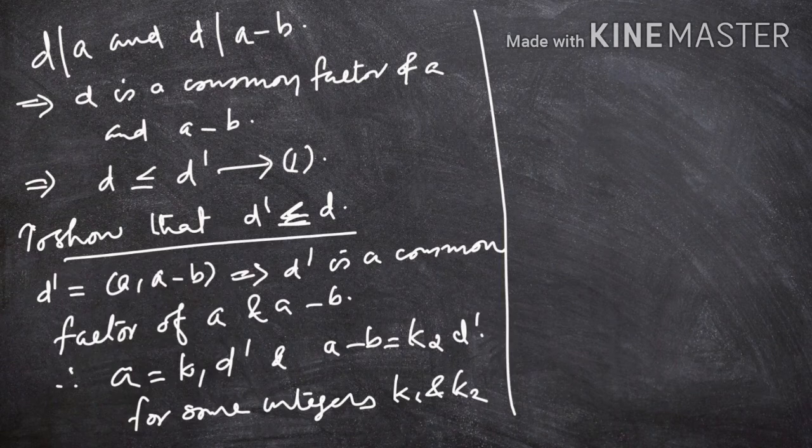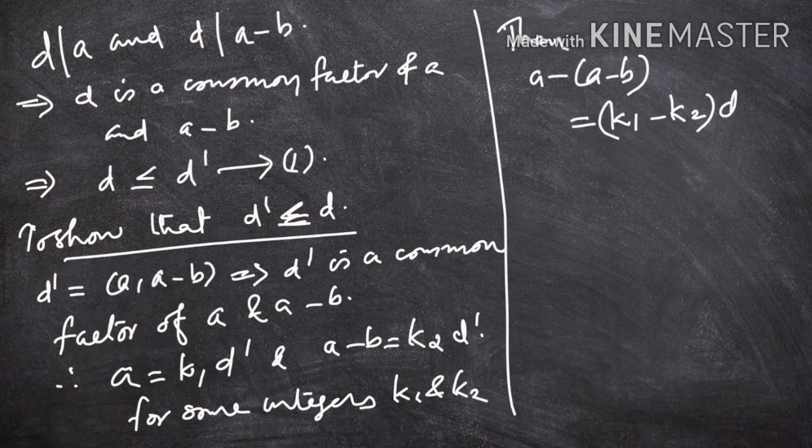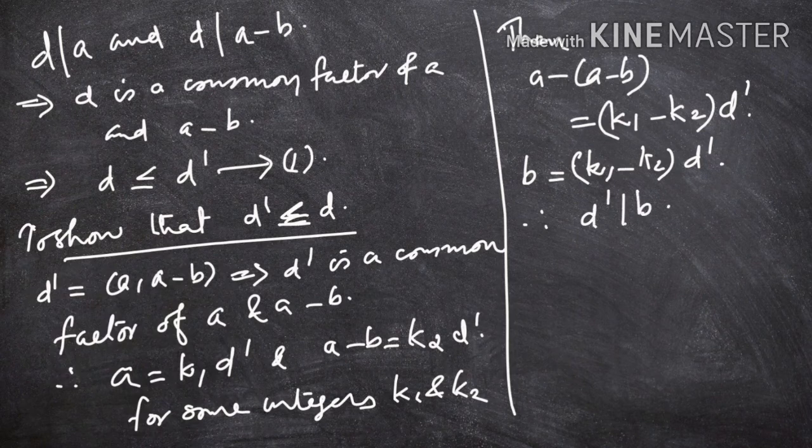Now what is A minus A minus B? A minus A minus B is equal to K1 minus K2 into D dash. So B is equal to K1 minus K2 into D dash. So D dash is a factor of B also. Therefore D dash divides B.